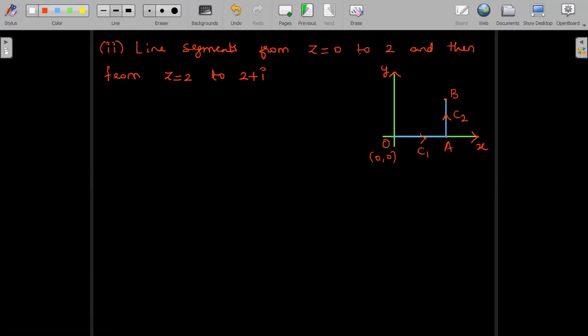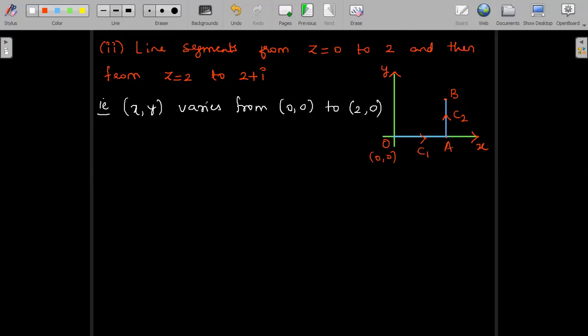Since z varies from 0 to 2, in terms of the coordinates x, y, this varies from 0, meaning the origin, 0, 0, to 2, which means 2, 0. We have only the real term here. So 2 is compared with x plus iy, so x is equal to 2 and y is equal to 0. That is why the coordinates are 2, 0.